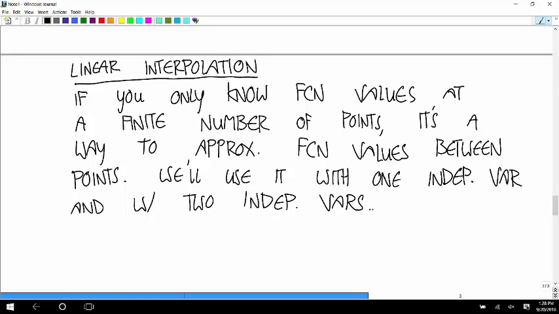So all we ever have to approximate for the saturation tables are like, it'll have a row for 80 degrees Celsius and a row for 90 degrees Celsius. And if we want 84, we'll interpolate with one independent variable, the temperature. For the other two types of tables, we're going to need to interpolate for the pressure and also for the temperature. Okay, so for those, we'll need to interpolate for two independent variables.